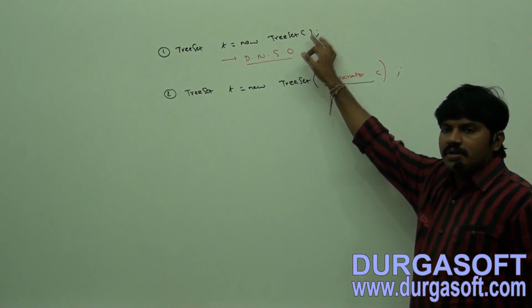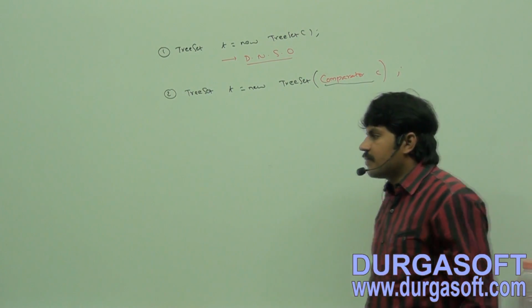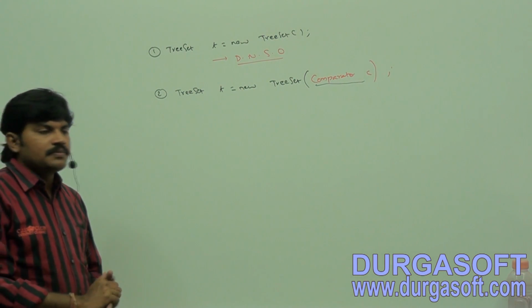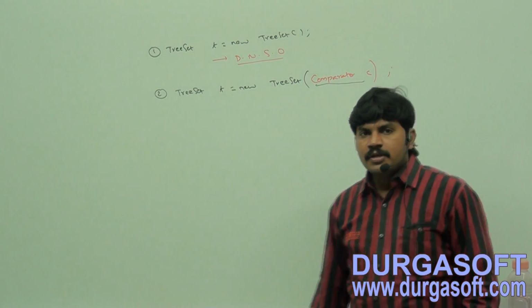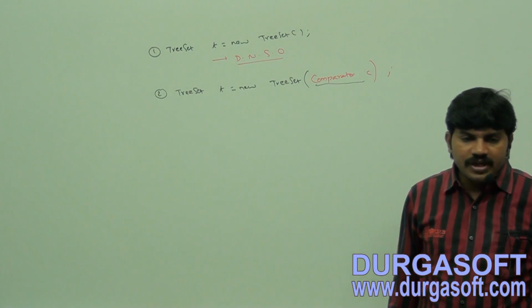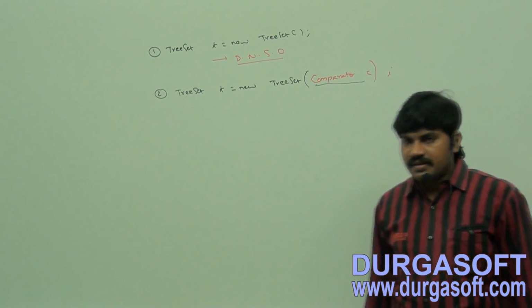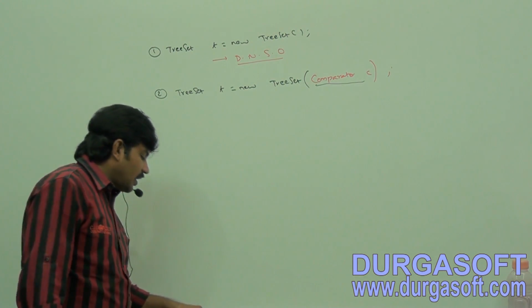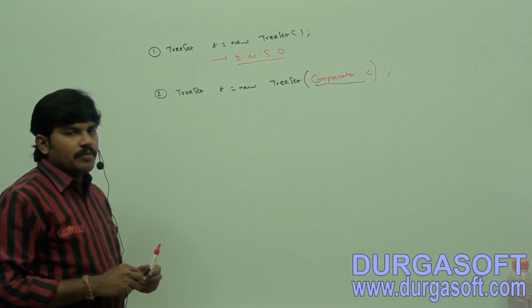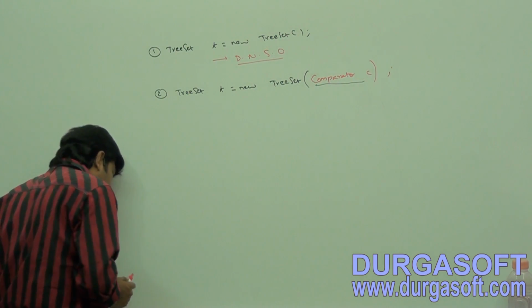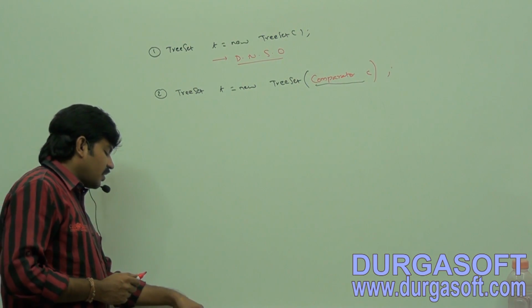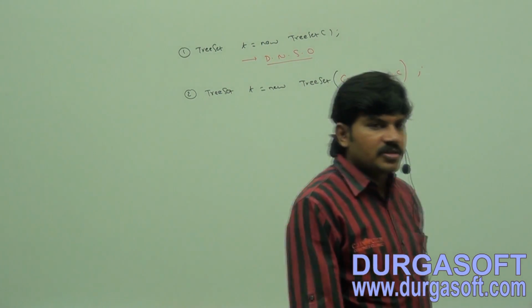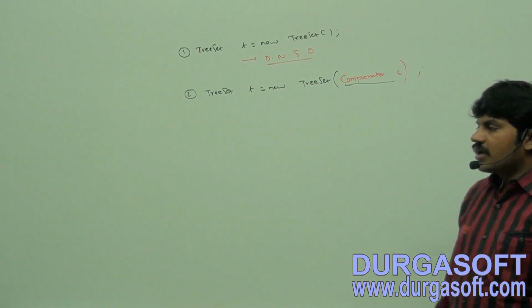It creates an empty TreeSet object where the elements will be inserted according to default natural sorting order.